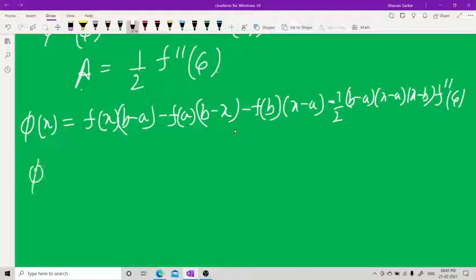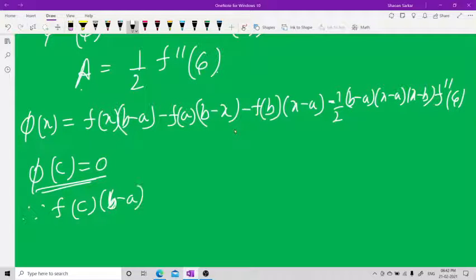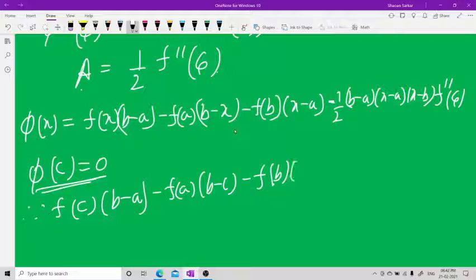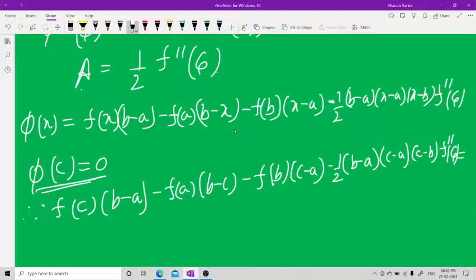Now we already know phi c is 0. Therefore f of c (b minus a) minus f of a (b minus c) minus f of b (c minus a) minus half (b minus a)(c minus a)(c minus b) f double dash xi is equal to 0. Proved.